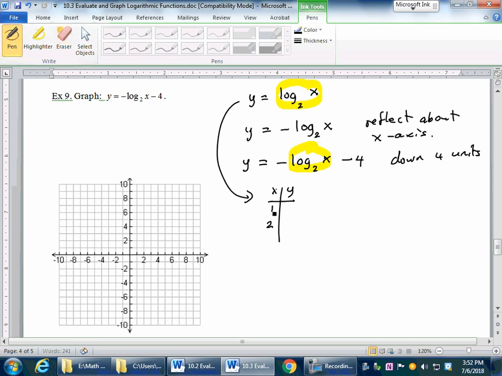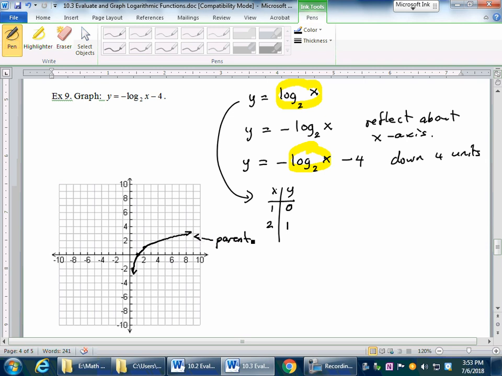When x is 1, my y will be 0. When x is the same as the base, then my y will become 1. So graphing the parent graph: x is 1, y is 0. When x is 2, y will be 1. And using these 2 points, I can basically sketch the graph. That's my parent graph.